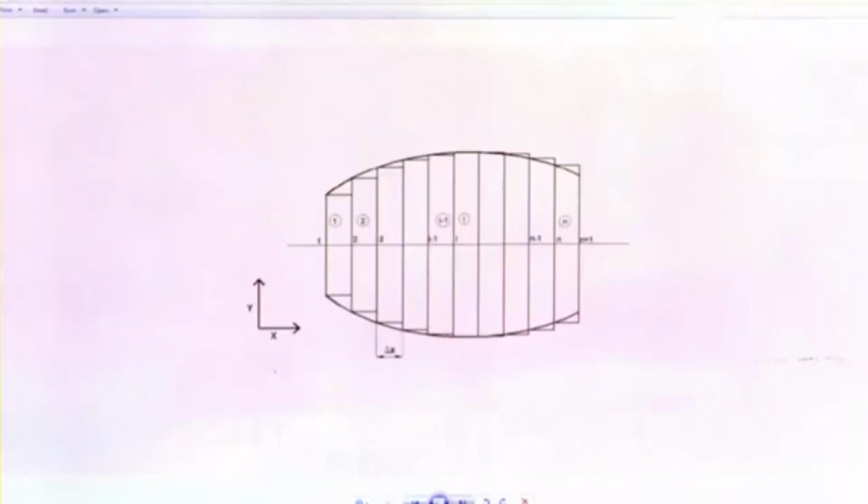Otherwise, how would we model? Of course, there are a couple more techniques to model such gradually varying area flares of a general nature numerically, but right now this method is based on dividing the entire length into small segments such that this length is very small. So, let us look at this figure. This is equivalent to the other figure that I had taken from some article.